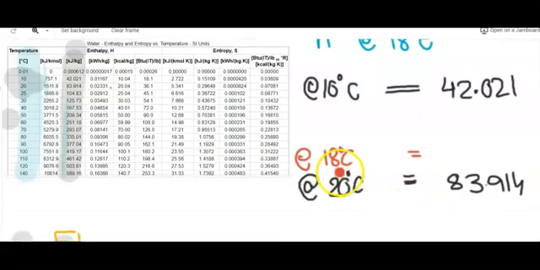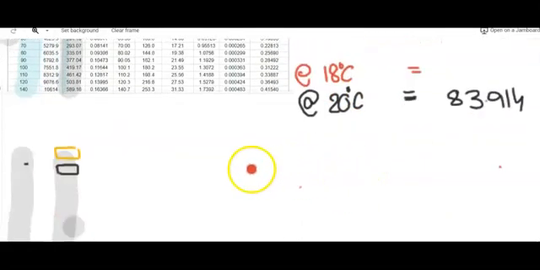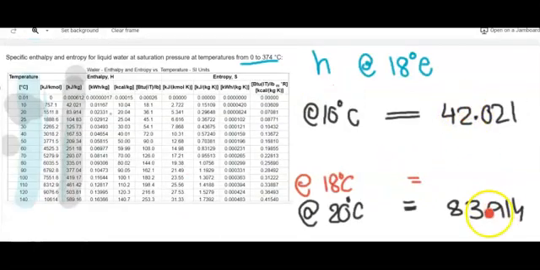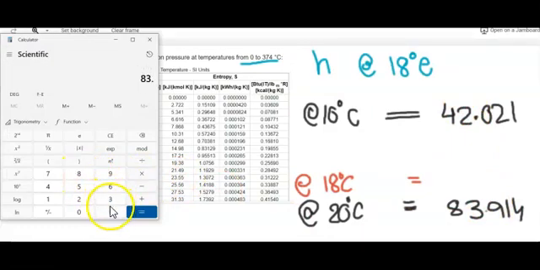So what I'm going to do is, 10 to 20, that's 10 degree. If the difference is 10 degree Celsius, that means the difference between these two is going to be 83.914 minus 42.021. The difference is 41.893.